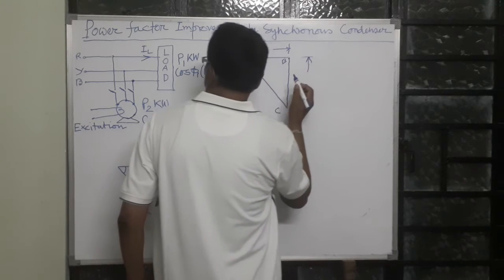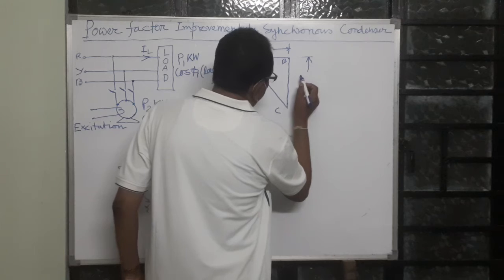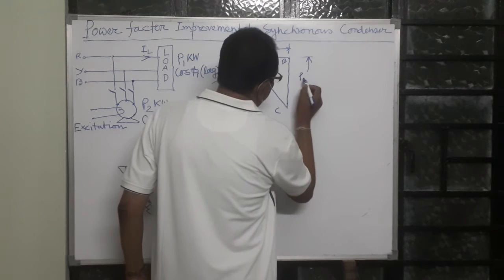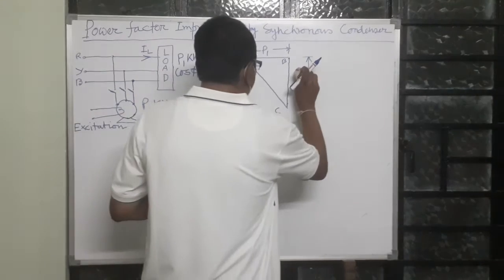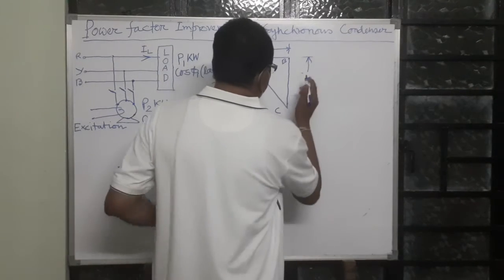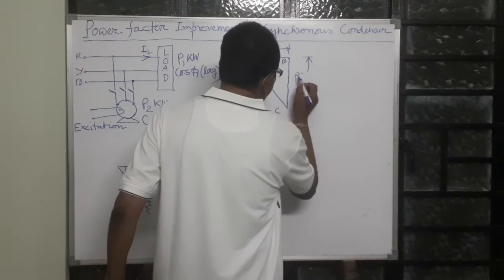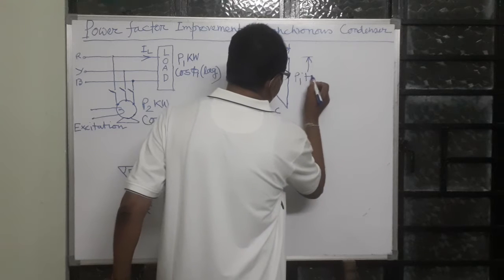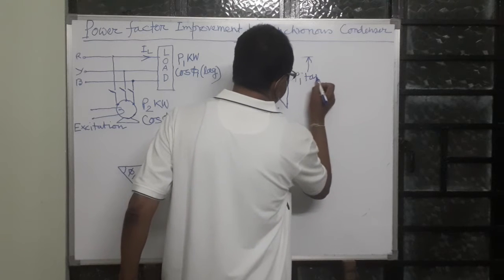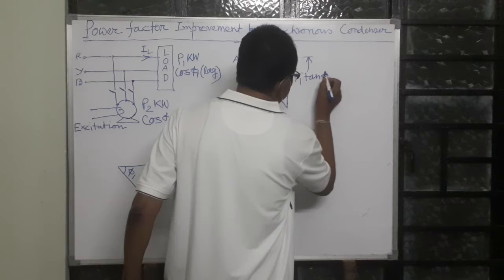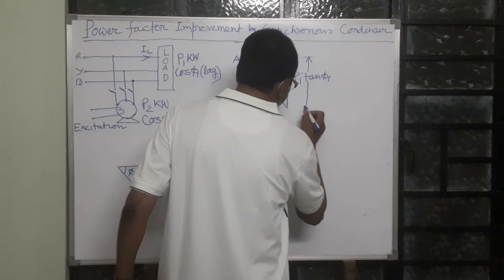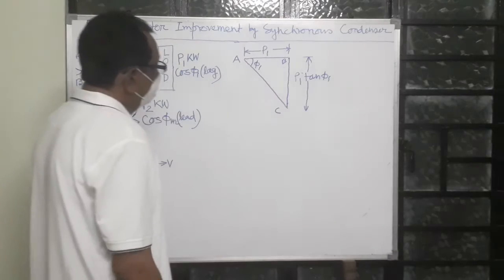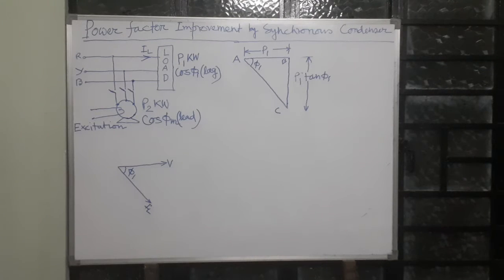We can write BC equals P1 tan phi 1. This is the reactive power of the load.